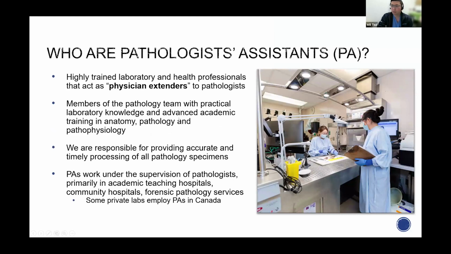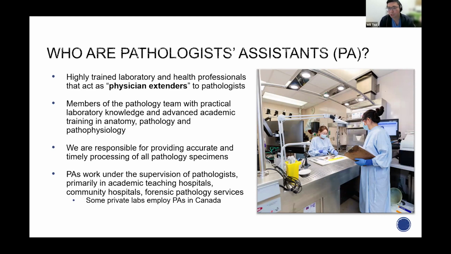So who are PAs and what do we do? I think the best definition is that we are highly trained lab and healthcare professionals, and we act more as physician extenders to pathologists. We are members of the pathology team with practical knowledge of lab practices, as well as academic training in anatomy, pathology, and pathophysiology.